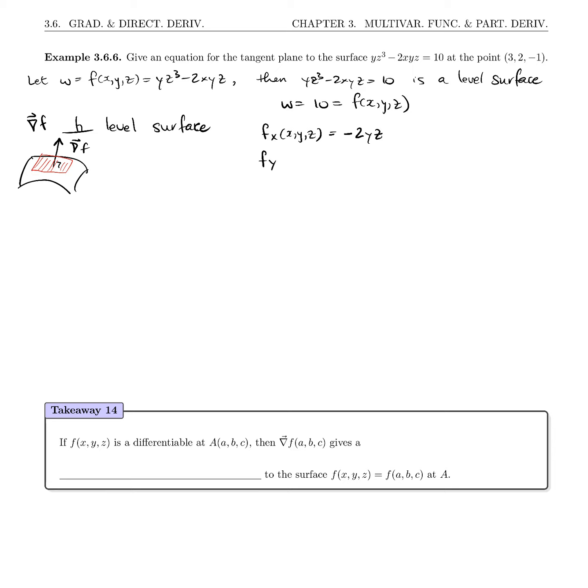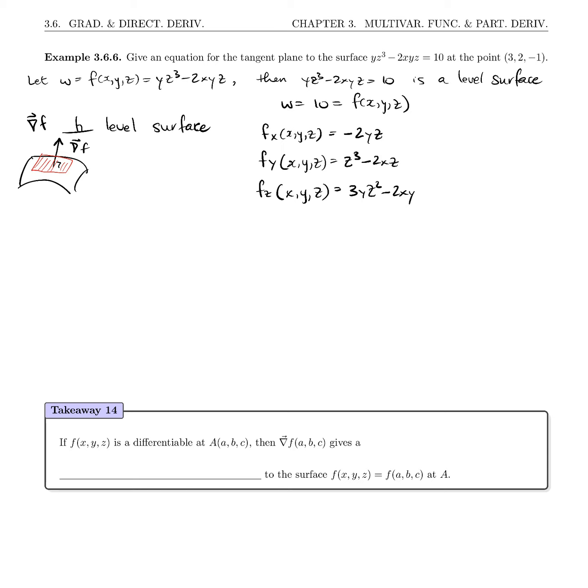F sub y at x, y, z: now the derivative with respect to y, I get z cubed minus 2xz. And lastly, f sub z at x, y, z is going to be 3yz squared minus 2xy.